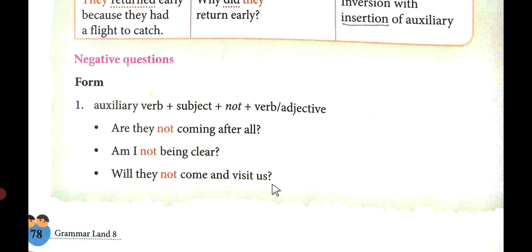So again, third sentence, auxiliary verb plus subject plus not plus verb or adjective. We have used here verb. So let's see the another form. As we have seen the negative form, it is very easy for you to understand. If you understand that negative means the sentence that expresses the negative meaning.